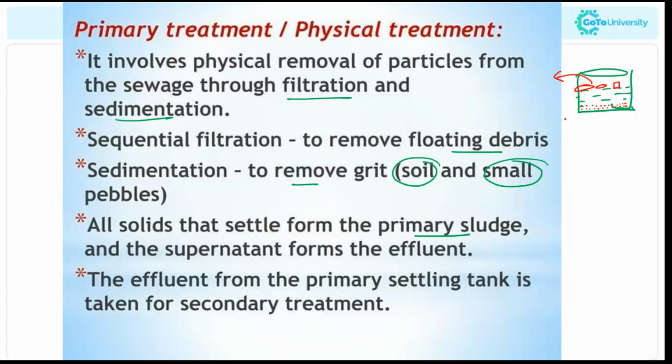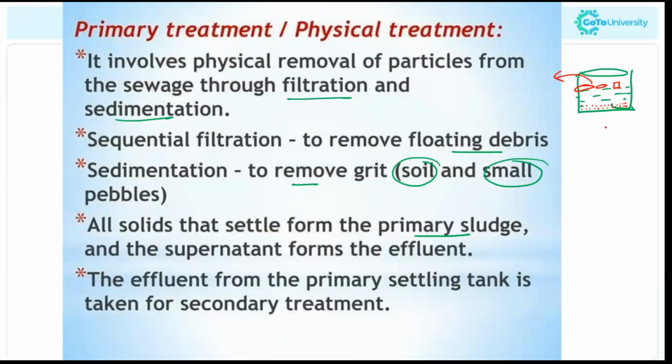Sedimentation also works: if a beaker full of water is mixed with soil and kept for sedimentation, the soil will settle down after a period of time, and after that you can completely filter it out.